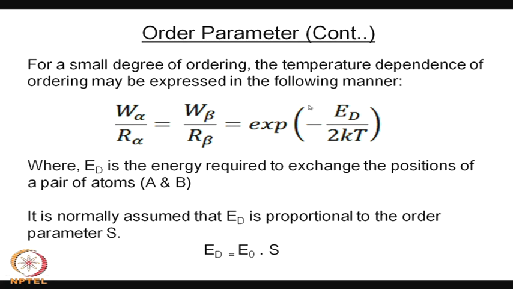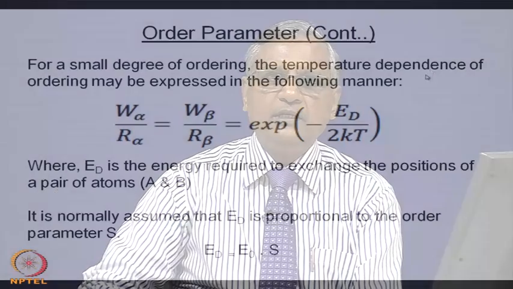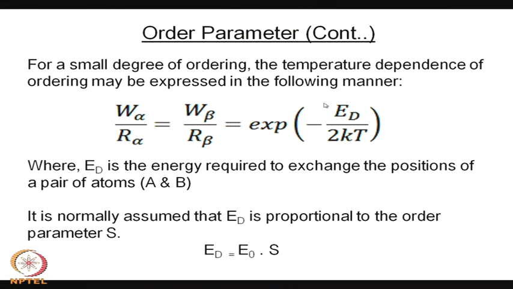Just like the formation of point defects, a Frenkel pair or Schottky pair, you would always need a certain activation energy. Similarly, this E d is the activation energy for the disorderedness. So that is how the extent of disorderedness depends on the temperature through an exponential term like this.